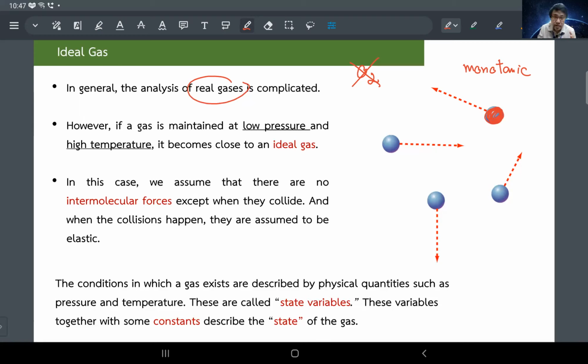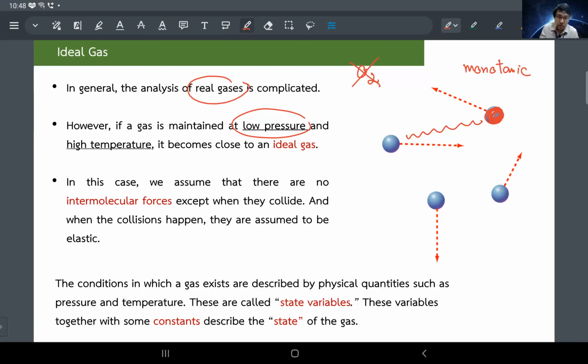Second thing is, because we don't want them to interact so strongly, we're going to assume that they are quite far apart. To have them far apart, we assume that the pressure is still quite low. But when I say low temperature, it doesn't mean it has to be super low. At room temperature, I think that's low enough for you to approximate that the gas is quite ideal.